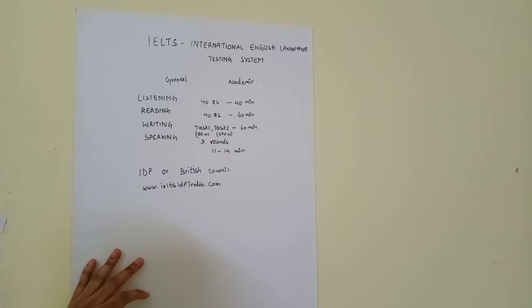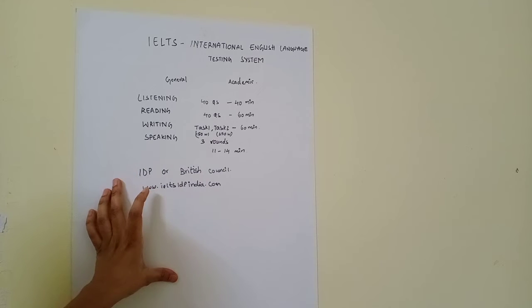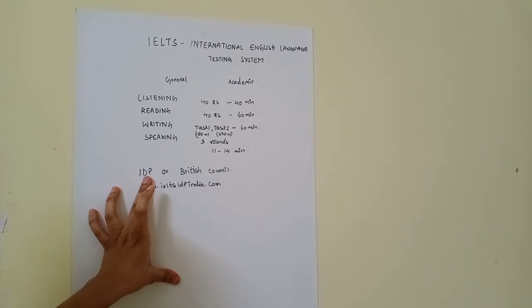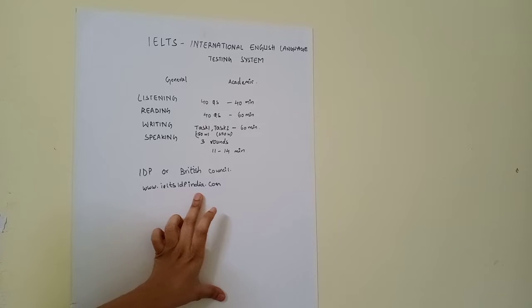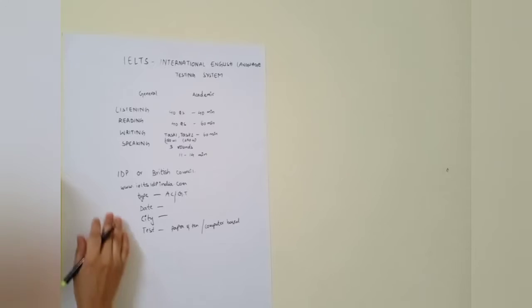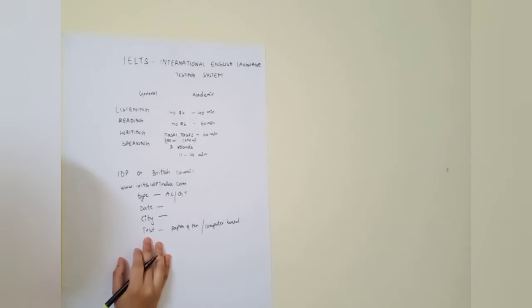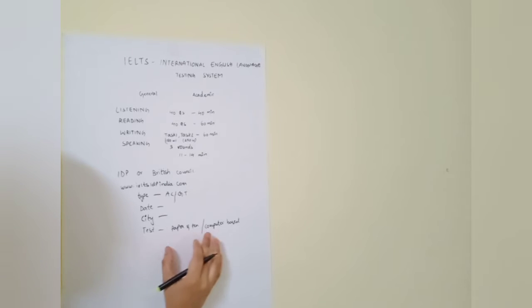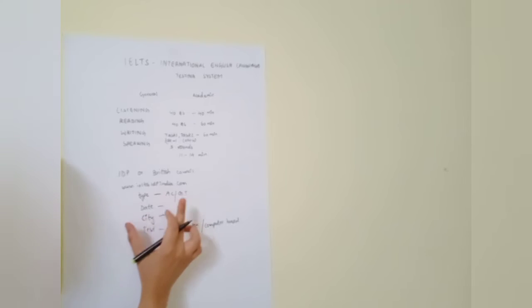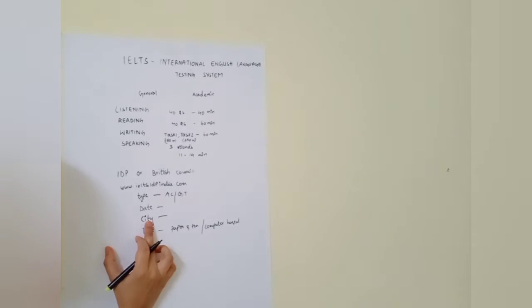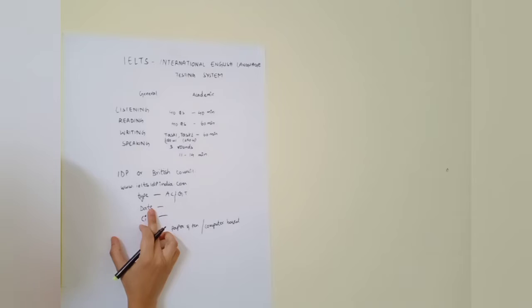You can either register with British Council or IDP. If you are going with the IDP, then you have to visit the www.ieltsidpindia.com website. You have to select the test, whether it is paper and pen based or computer based, then the test type, whether it's academic or general IELTS, and the city where you want to appear for the exam and the date when you want to appear for the exam.